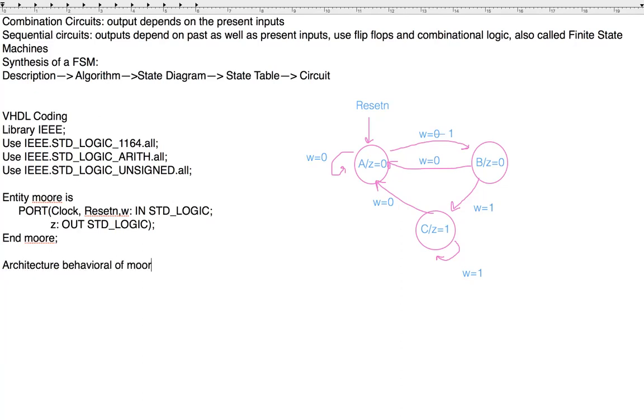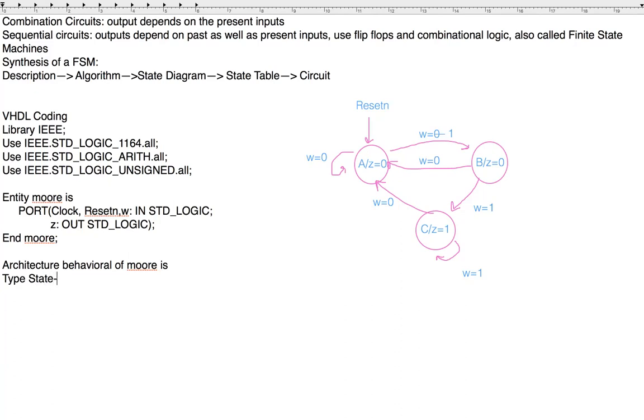Architecture behavioral of Moore is. We use behavioral because this was all written in that truth table. We're going to have a template. The first thing we focus on is state transitions, and the next is the Z output. This is the most important two lines of your code right here.